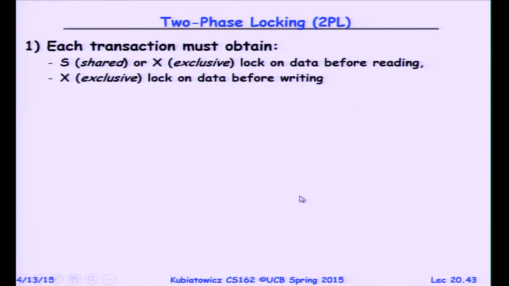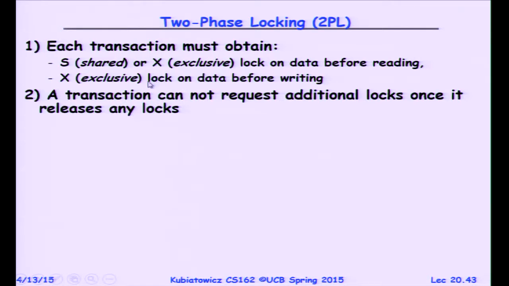And so now two-phase locking is an idea that we're going to combine with transactions to make this work. Each transaction has to obtain all of its locks on data before reading it. It needs to get either a shared or an exclusive lock, and before writing it has to get an exclusive lock. And a transaction can't ask for more locks once it releases any locks.